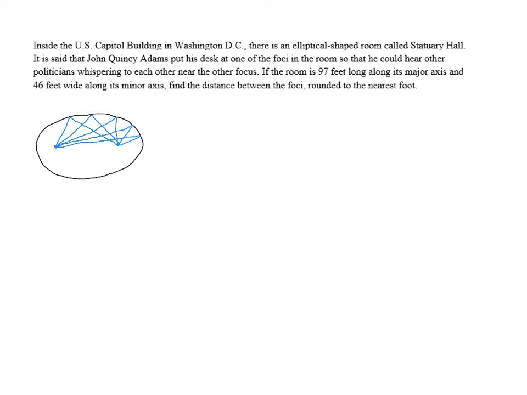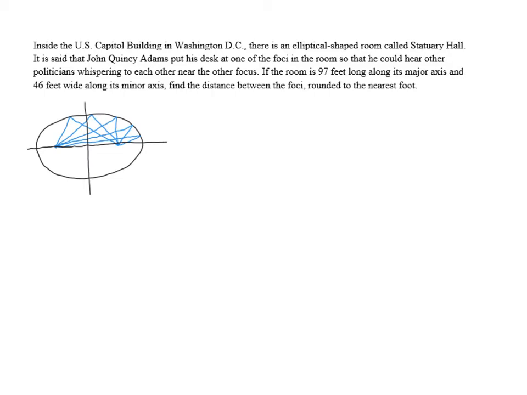Now we know that the room is 97 feet long along its major axis and 46 feet wide along the minor axis. And so what we're going to do is put the center of this ellipse at the origin, just to make things easier.